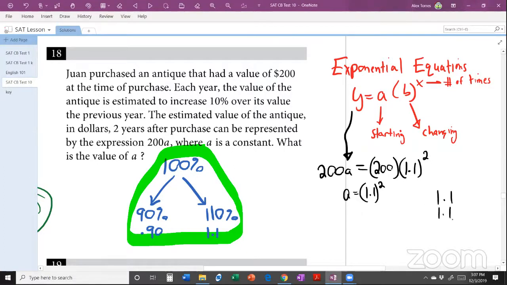So a little long multiplication here. 1 times 1 is 1. 1 times 1 is 1. 0. And now we're multiplying these two. So 1 and 1 again. So we get 121. And there's 2 spaces after the decimals above, so we're doing 2 spaces worth of decimals here. So it's 1.21. And that's the answer to number 18.